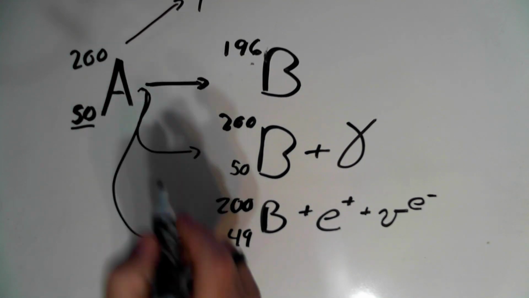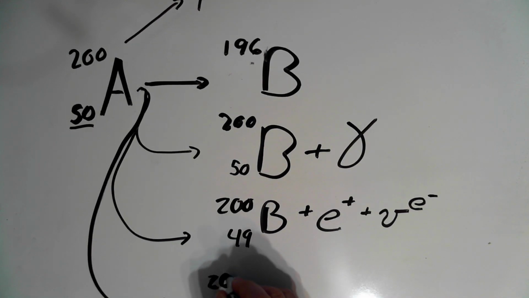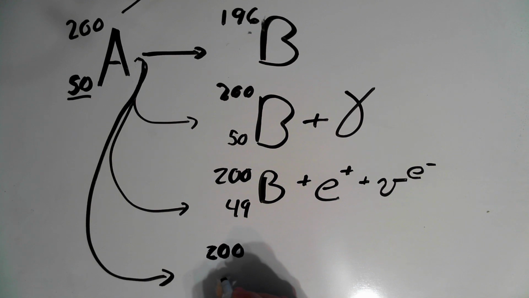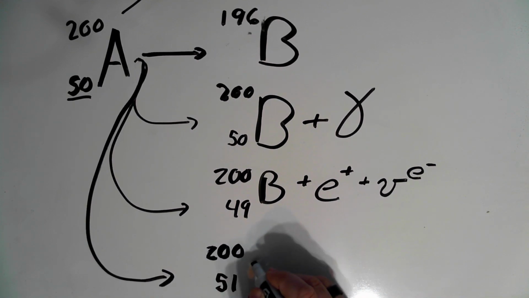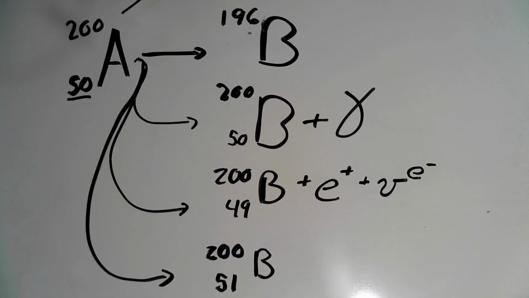Now here's another possibility. Imagine that this stays at 200, but this number doesn't go down by 1, but instead goes up by 1. That's my new particle. So somewhere in this process, I gained a positive charge. The only way that can happen is if my neutron loses a negative charge and gets turned into a proton.